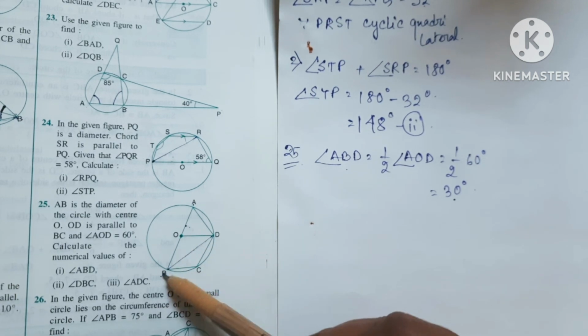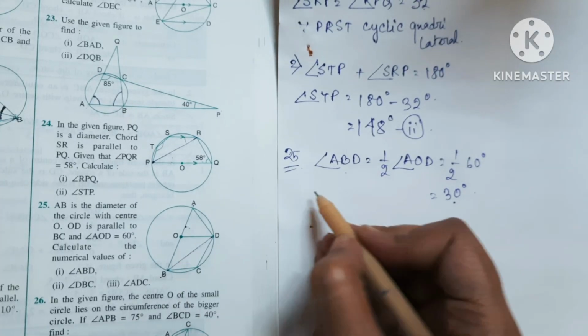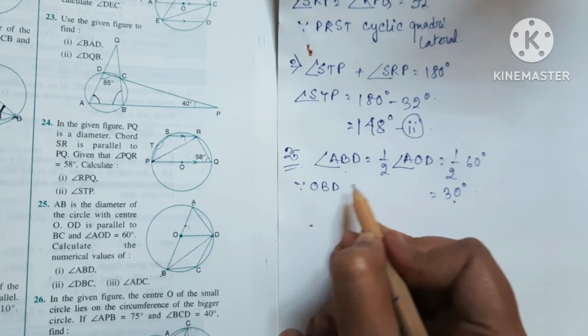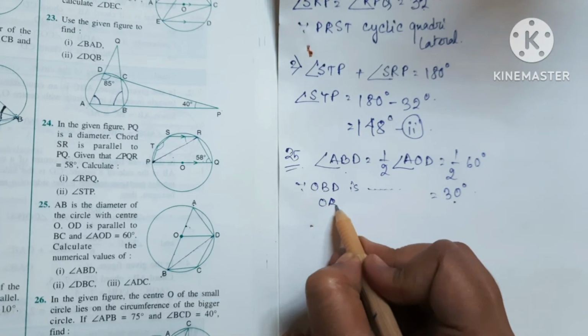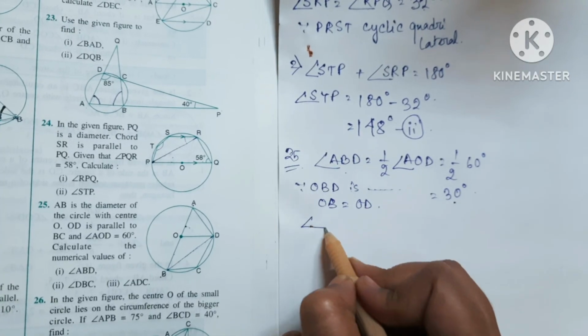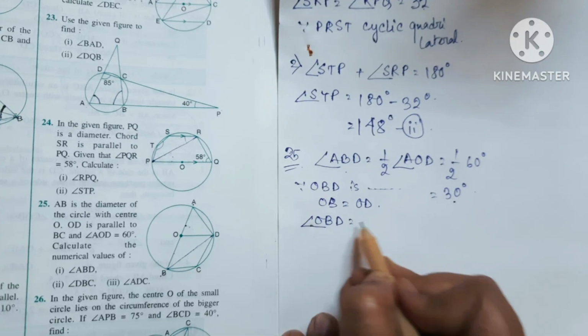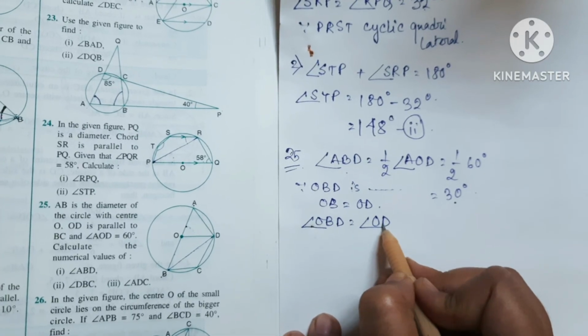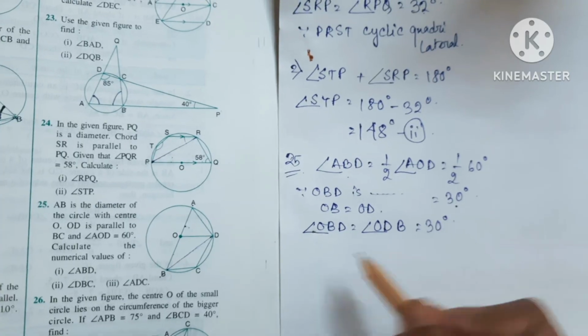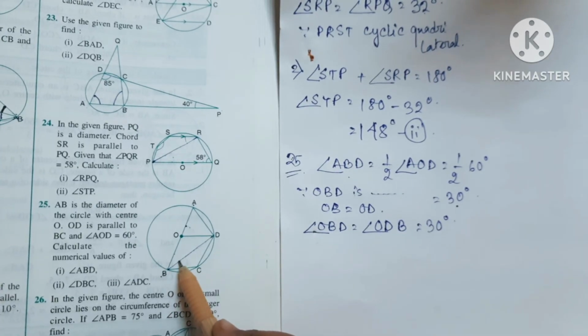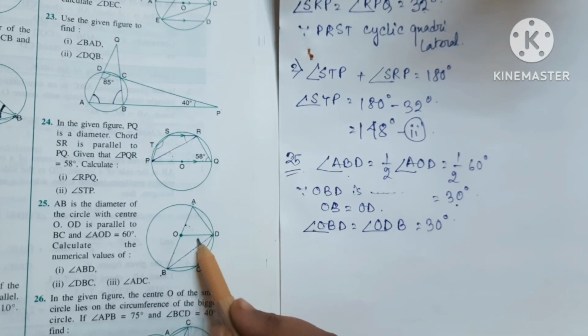So this is an isosceles triangle, right? Since OB is equal to OD, that means angle OBD is equal to angle ODB. Okay. So that will be 30 degree.